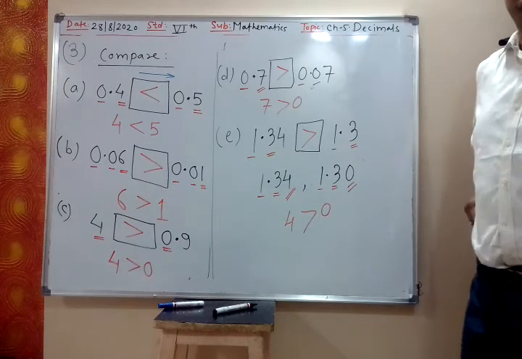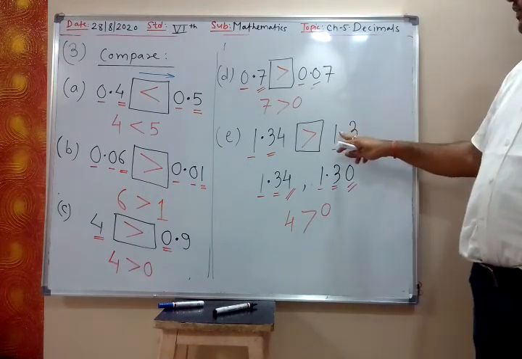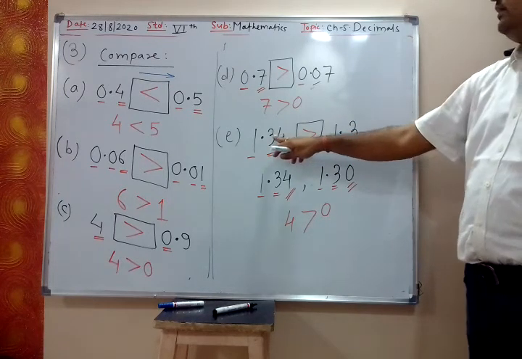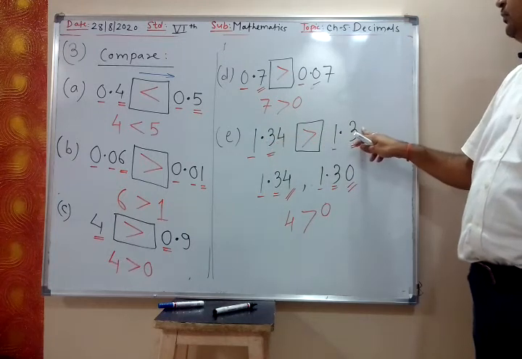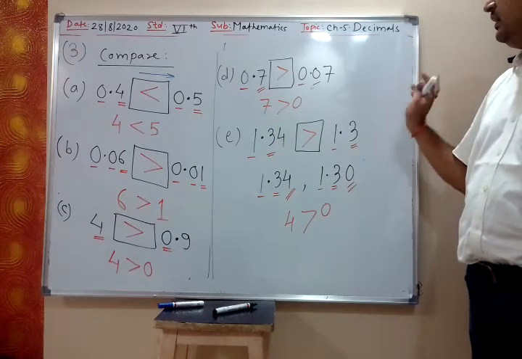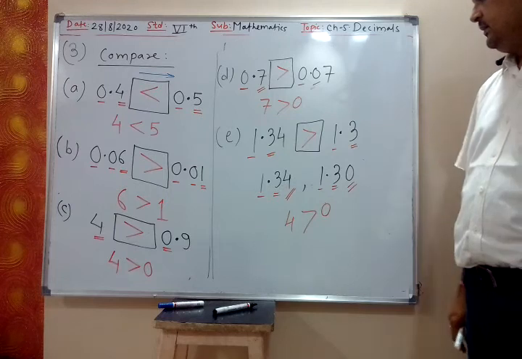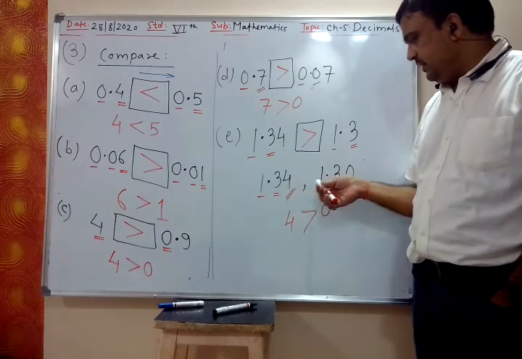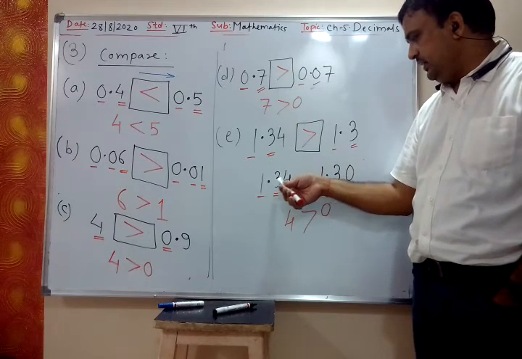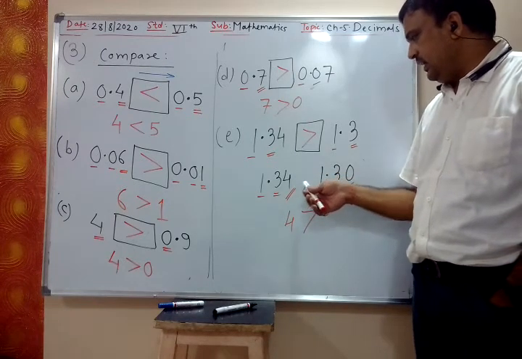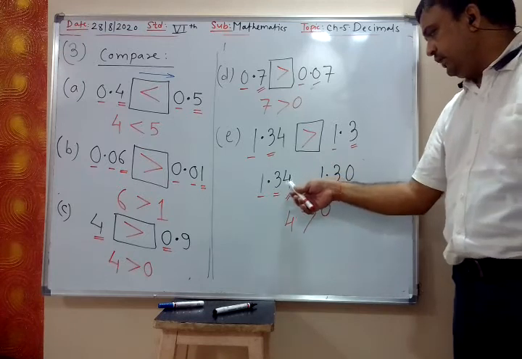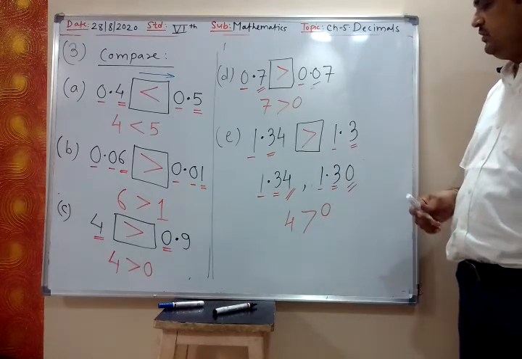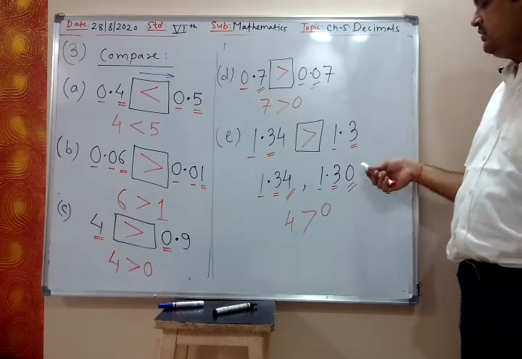Just now we have seen, to convert them into like decimals, I can add a 0, because the number of digits after the decimal is 2 here, and here it is 1. So I can add one 0 and then compare the digits. 1 is same as 1, then after the point it is 3, they are equal, then 4. Now 4 is greater than 0. 1.3 I can write as 1.30, by adding 0 to the right of the decimal.